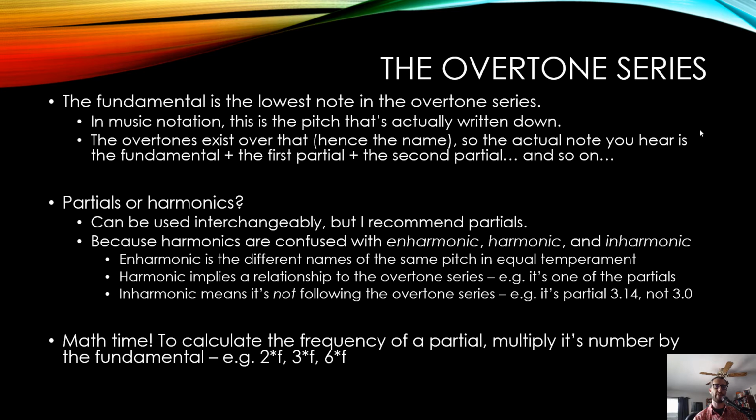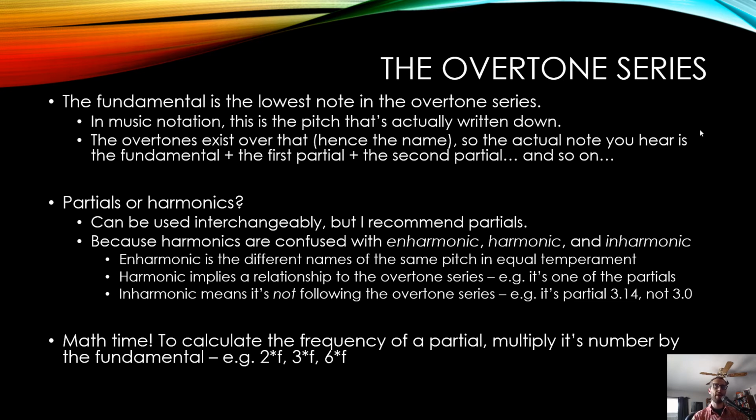Harmonic means that it is in a mathematical relationship to the overtone series. So it's one of the partials. It's a nice whole number multiple. Whereas inharmonic means it's not following the overtone series. So it's partial 3.14 or 2.758721, but not partial number 3.